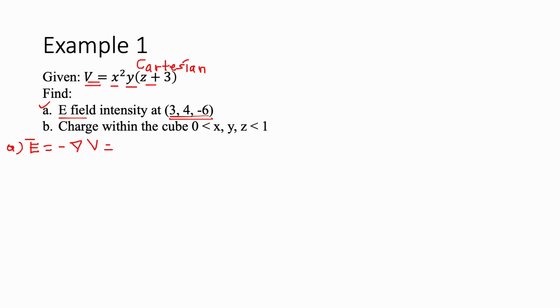So the gradient for Cartesian is given as, let's put the negative in front, d Vx over dx, plus, because we have put the negative in front, dVy over dy. I forgot to write the x direction, y direction, plus dVz in the z direction.